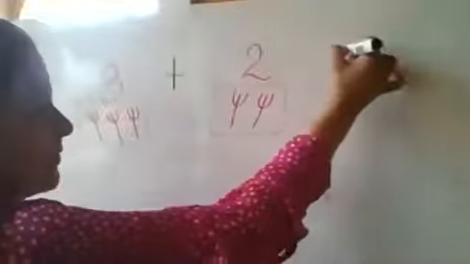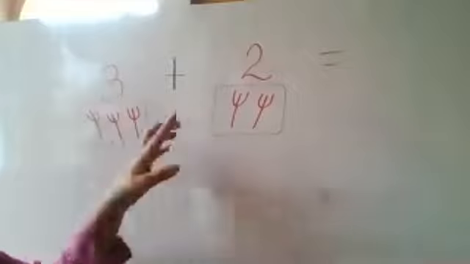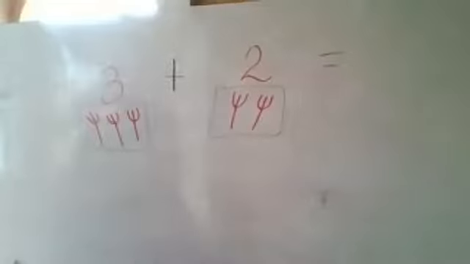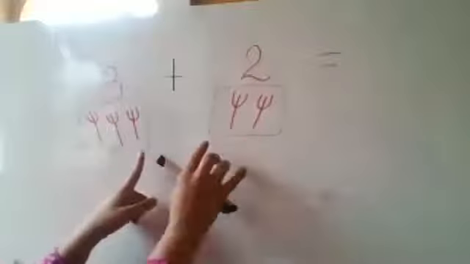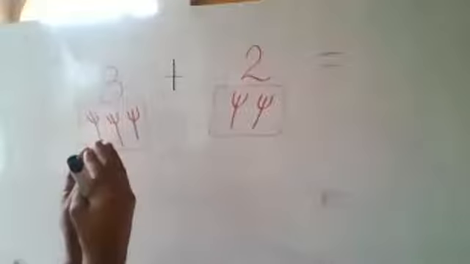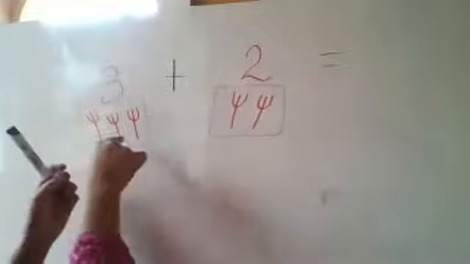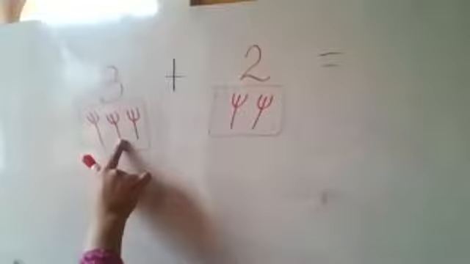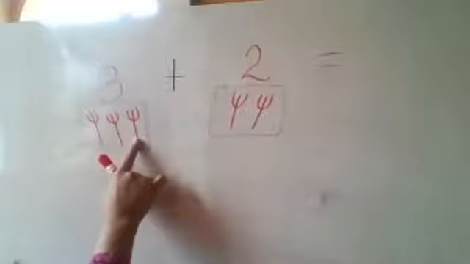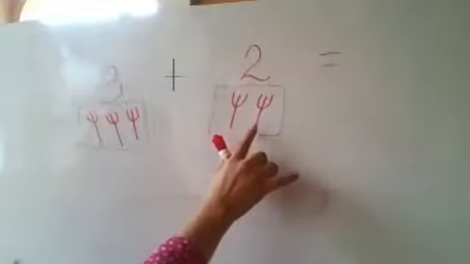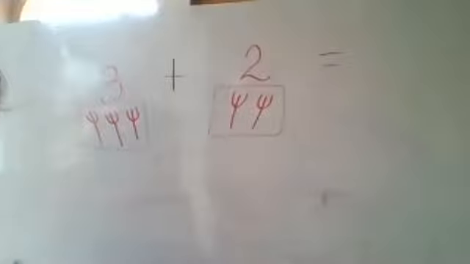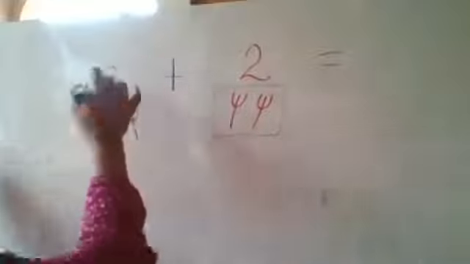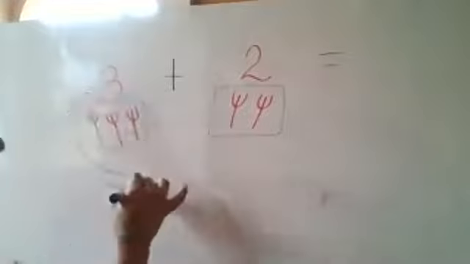Wait. I know that some of you already got it, right? Now, look. Listen. If we have our 2 groups and we are going to keep them together, we need to count first, right? 1, 2, 3, 4, 5. And now that we know that they are 5 in all, we do this.